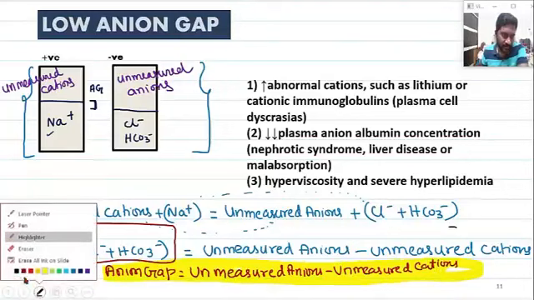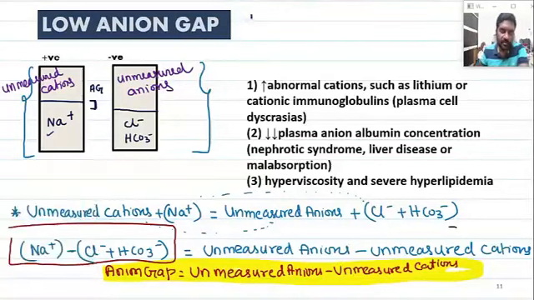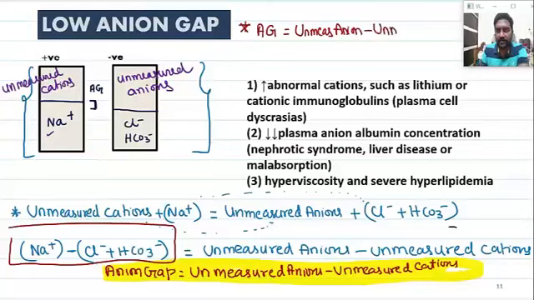So here we are discussing what are the causes of low anion gap. We have understood anion gap is equal to unmeasured anions minus unmeasured cations. So when will anion gap decrease?